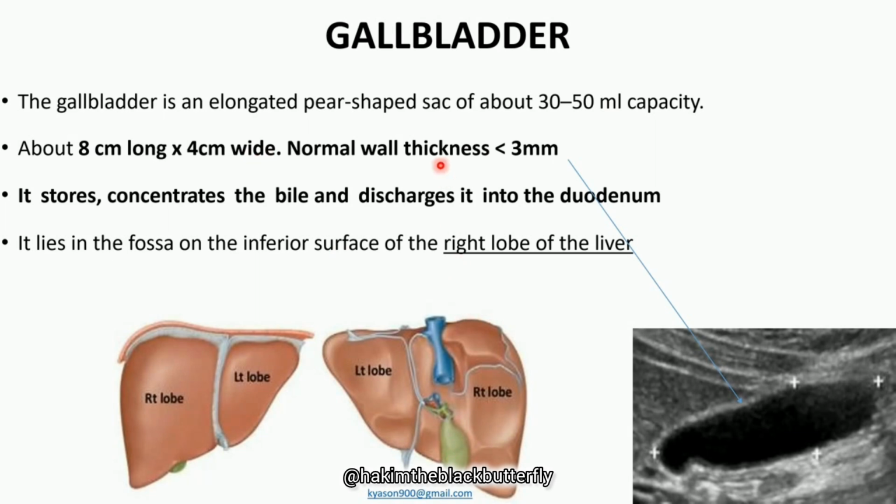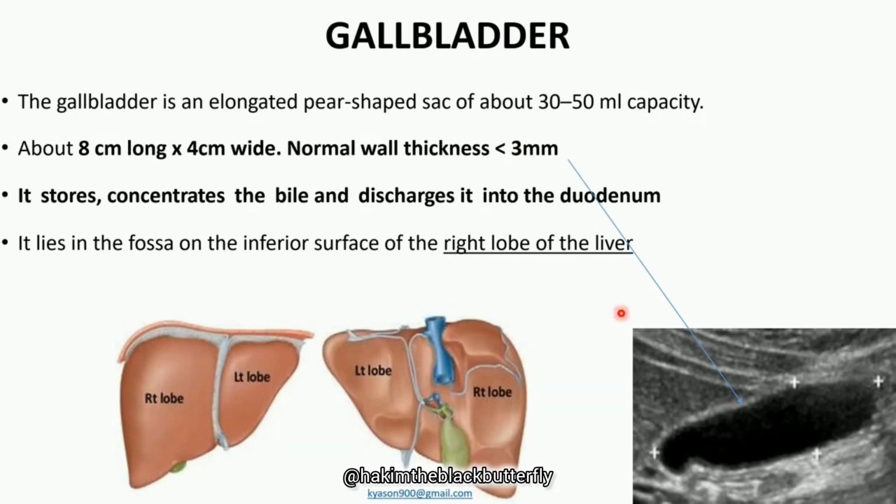We mostly want to appreciate the wall thickness, because the thickness of this wall is going to change in cases of gallbladder diseases. The wall is about 3 millimeters or less.